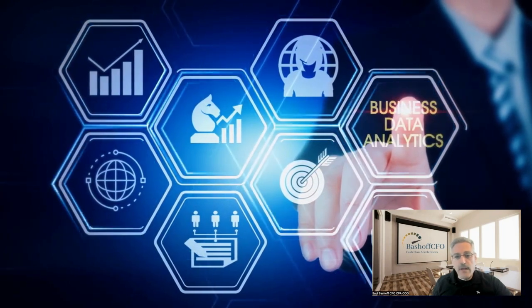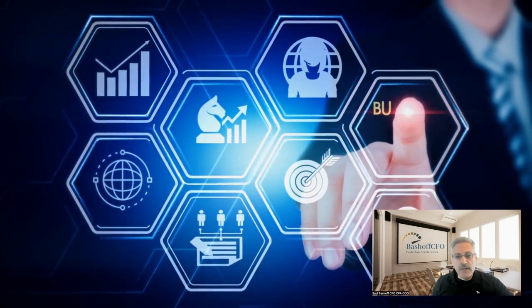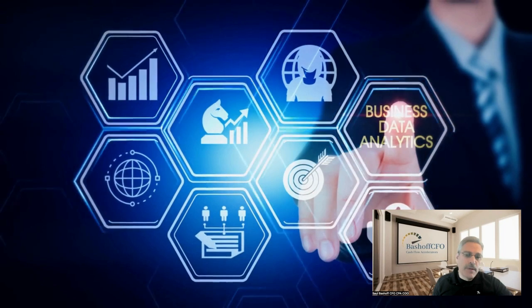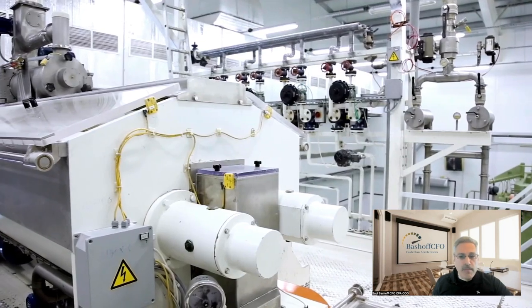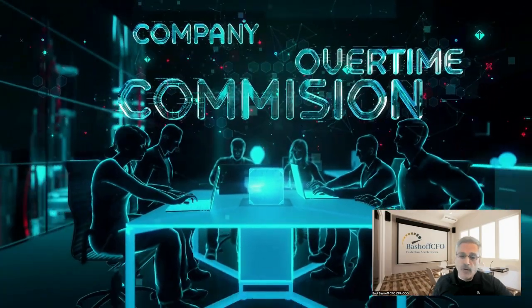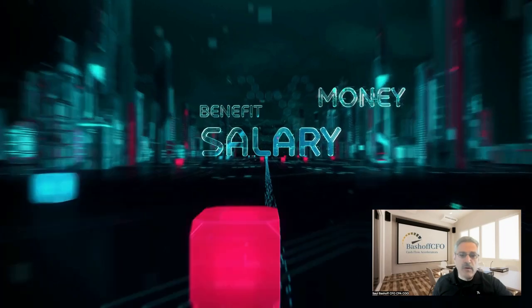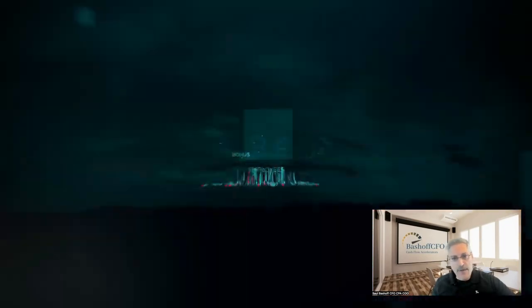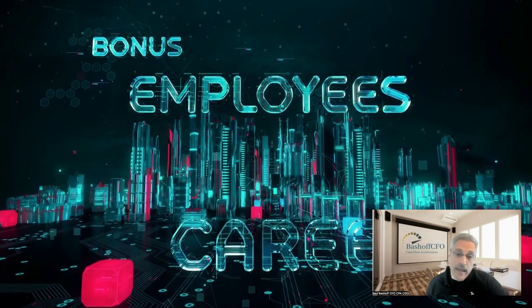We'll also do a full analysis of all of your costs of doing business, your equipment purchasing, your day-to-day expenses, your payroll. Payroll is a very big category. As you know, labor is generally the highest cost of doing business, and often there's a significant inefficiency in labor.